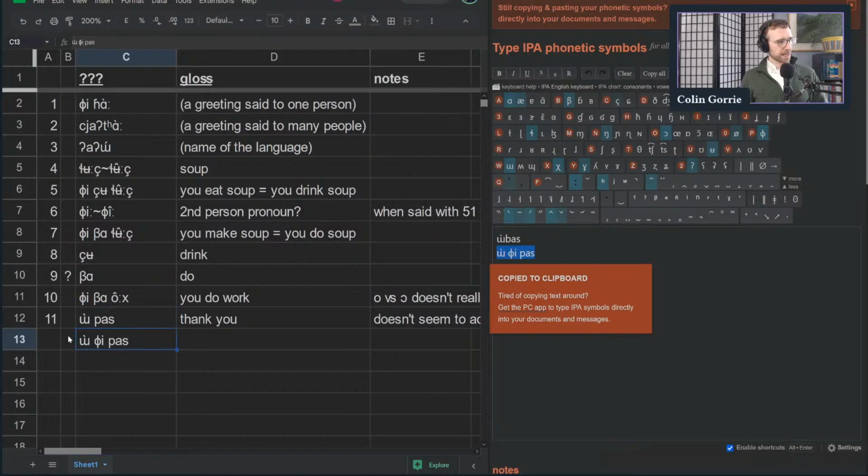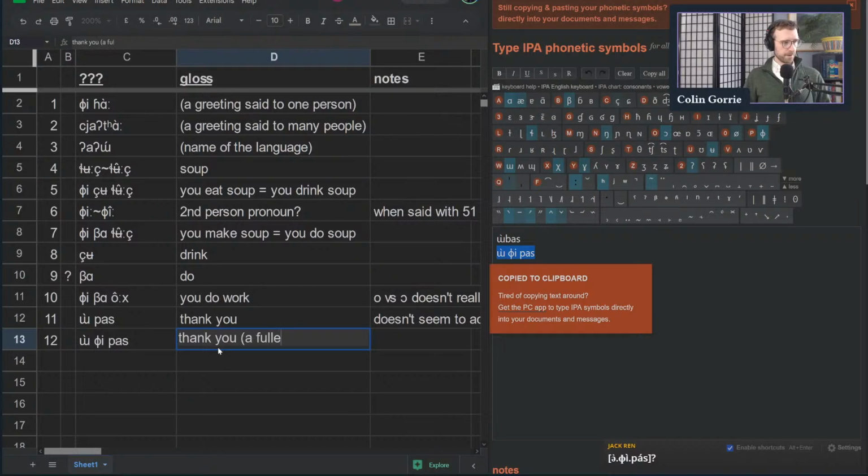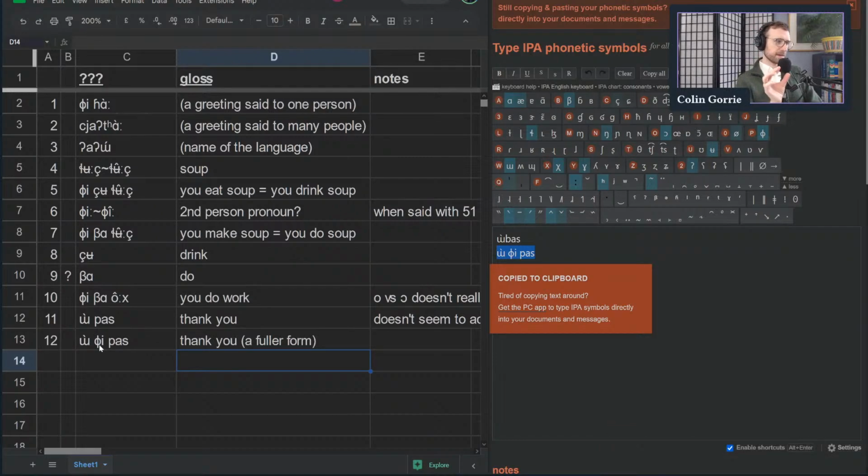So it looks like we have something interesting going on here. All right, so bus, is that fi in the middle the same fi as in fi ba hlü? Yes. Oh, interesting. Okay.